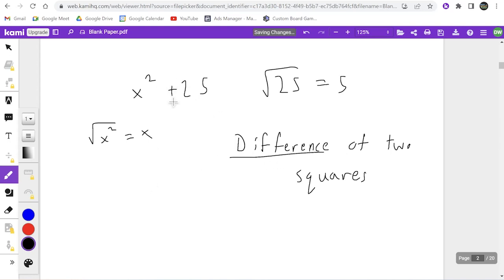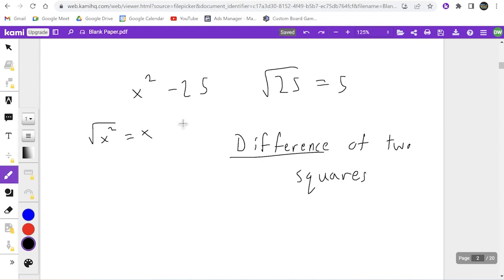So for instance, if this was plus 25, this wouldn't factor at all. This would actually go into a topic called imaginary numbers, which for those of you who came early, or should I say on time, you would have seen that there was some imaginary number stuff that I had to erase. Yeah, that's problems like this. I don't even think we're going to be talking about imaginary numbers this summer, but you'll probably see it at some point in Algebra 2.